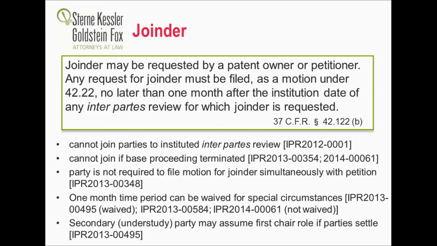Now, joinder is interesting from a procedural perspective, and how do you manage a case when the parties are joined? Well, the way the board has handled it is they've labeled the first filer as kind of the primary party of the case, and the second party is secondary or understudy.